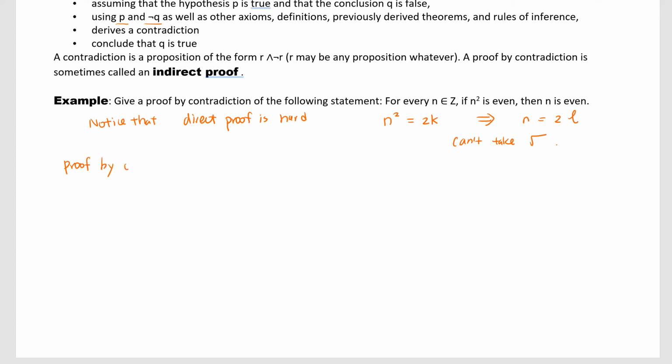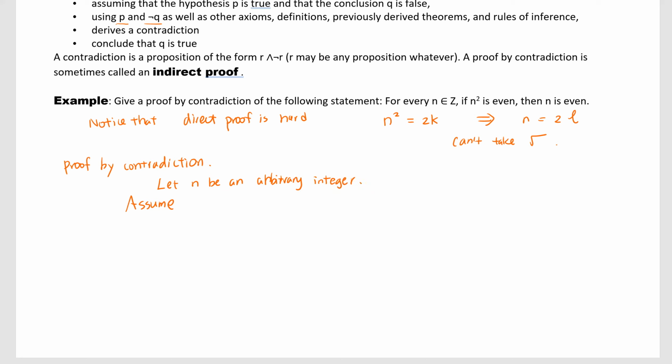So proof by contradiction: we assume P and not Q. Let n be an arbitrary integer.